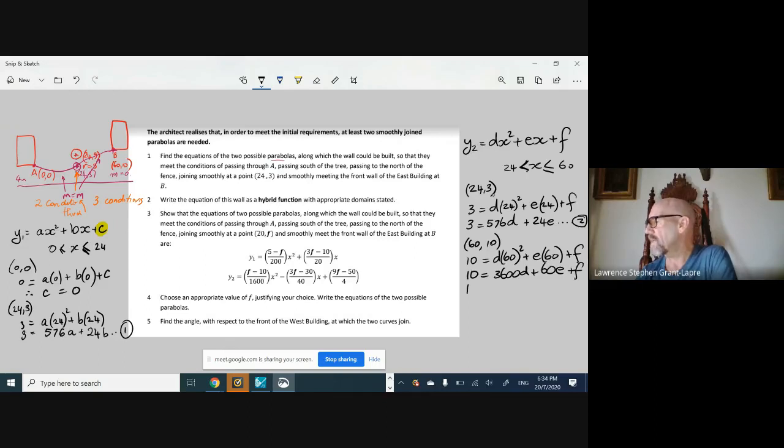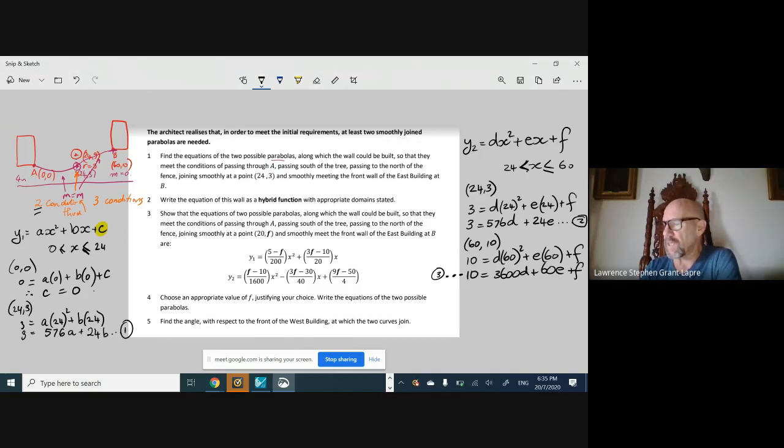Let's just leave that as equation 3. Okay, so we've got 1, 2, 3 equations. That's this condition, these two conditions, which we've got.